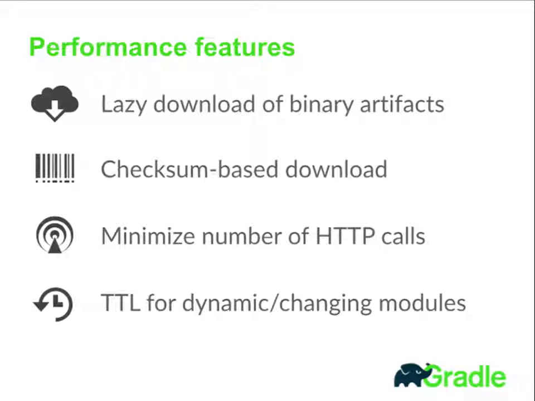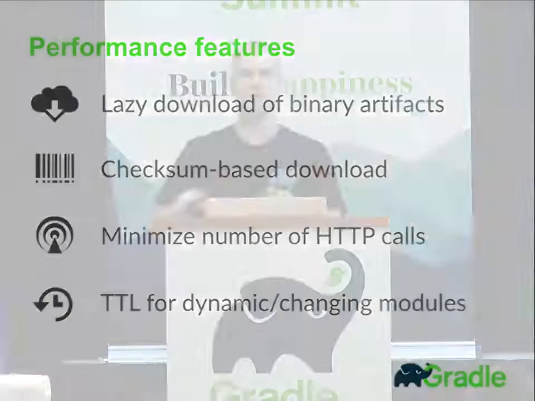We don't actually need the artifacts, for example, for compilation or for any of our tasks that require dependencies or artifacts. Only if we actually do something with them, if it's an input for a specific task, do we actually download the artifacts. You might have noticed that if you run gradle tasks, nothing is downloaded, but if you run, let's say, gradle compileJava, all the compile-time dependencies are resolved.